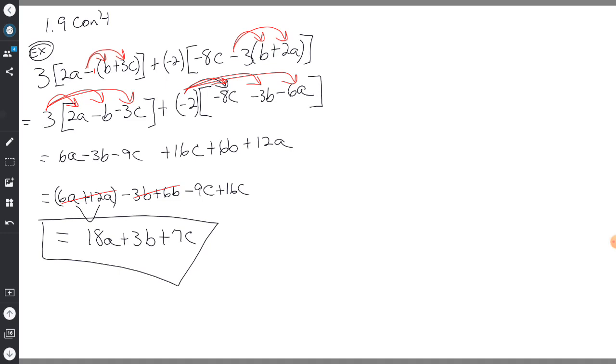All right, so any questions in this section? So when you have multiple sets of parentheses and a problem that you have to simplify, what do you do? Go to the innermost first and simplify inside and distribute.